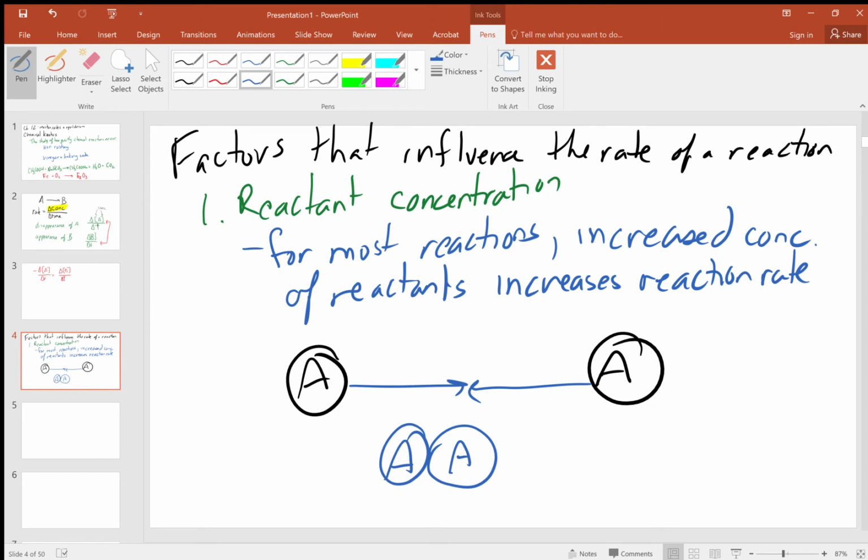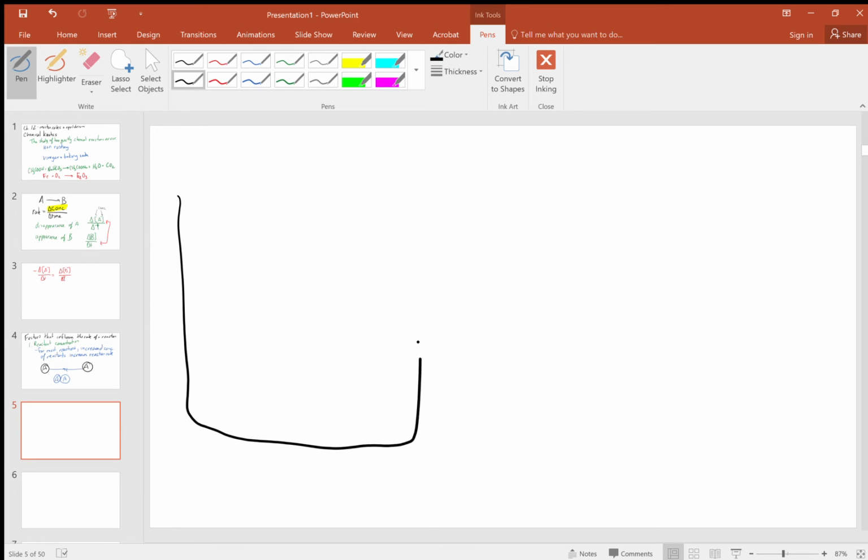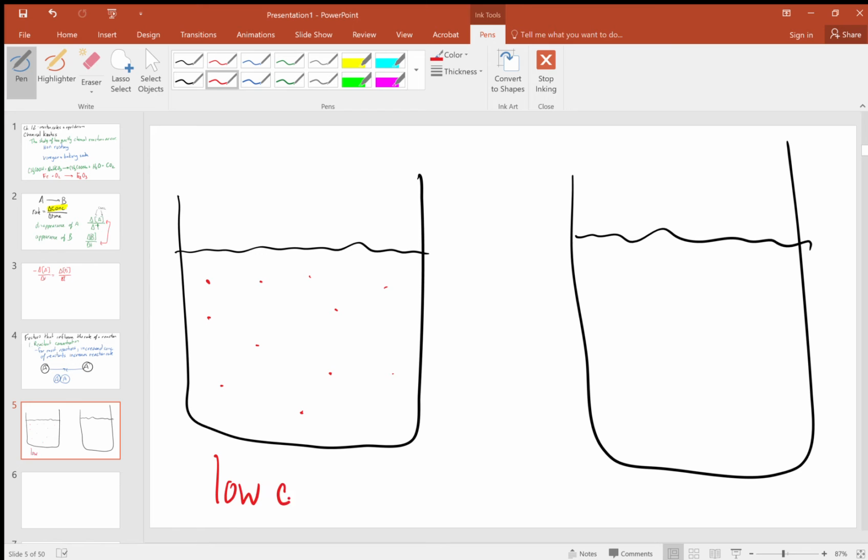Now, let's consider what happens when we raise the concentration of a solution. So here's two beakers. They're both going to have various solutes dissolved in them. And let's assume that each of these red dots is one of the reactant molecules. So over here is low concentration. Now let's look at one of higher concentration.